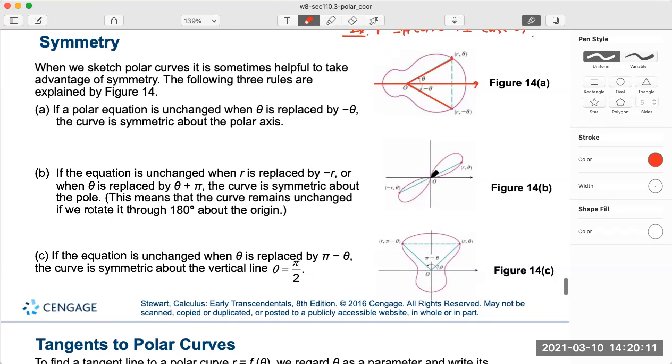The pole is at the origin. If the equation is unchanged when theta is replaced by pi minus theta, it is symmetric about the line theta equal to pi over 2.